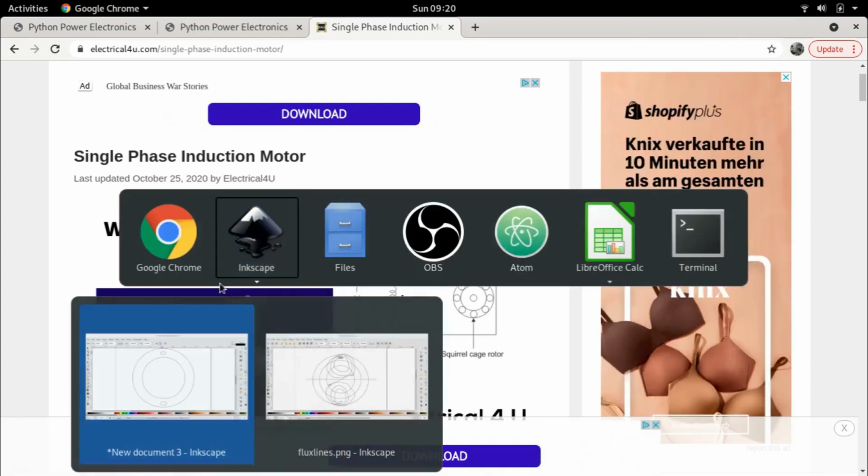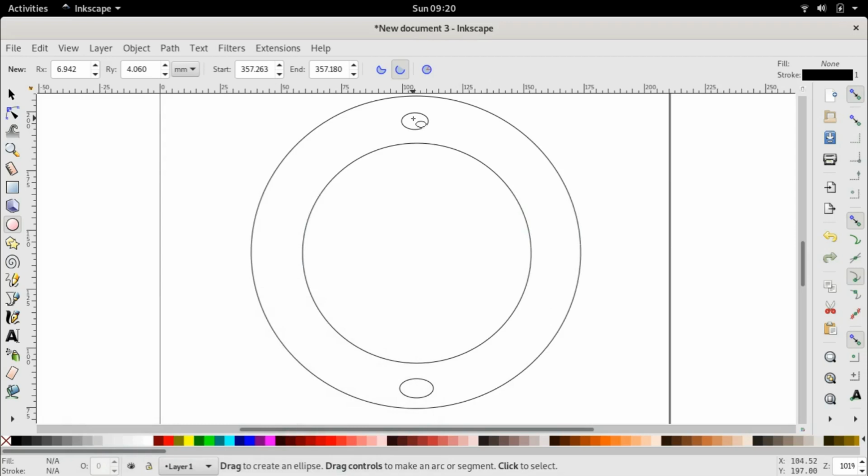So we can assume that the current is flowing into this and flowing out of this, right? So therefore, by right hand thumb rule, we can draw some concentric flux lines.